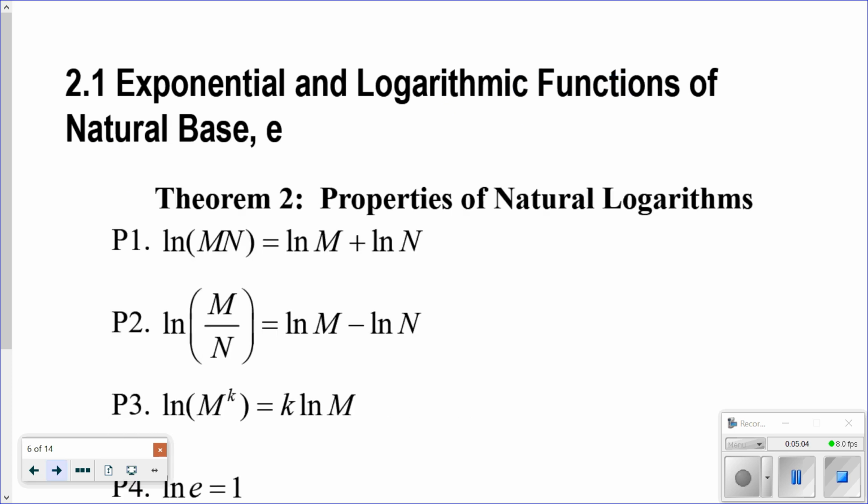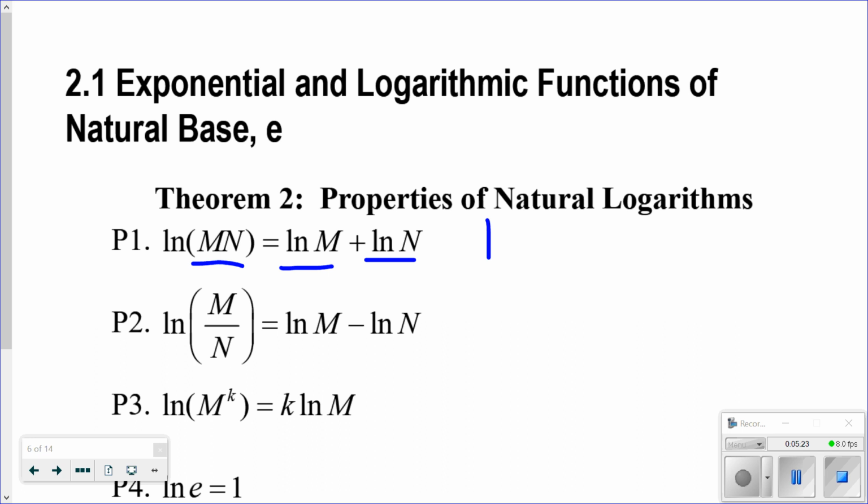And there are some properties of natural logs. If I have the natural log of two things that are being multiplied together, then that would be the same as taking those two things apart and adding them. Let me give you an example of that.